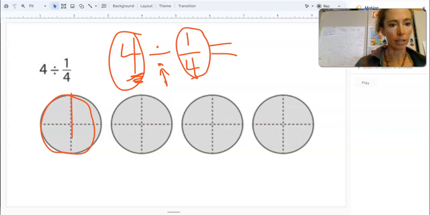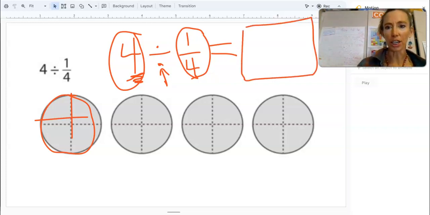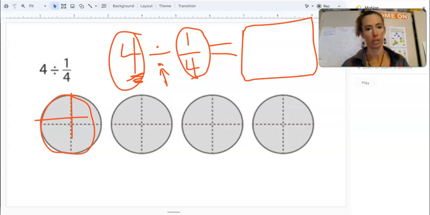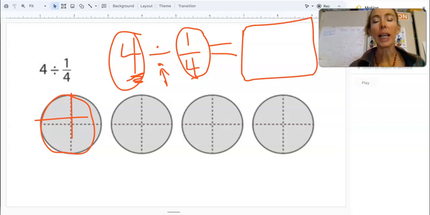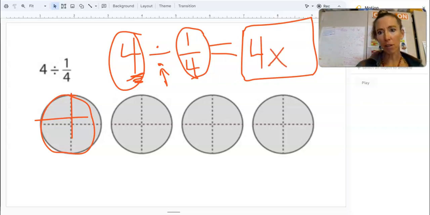And those 4 circles, 4 whole numbers, are divided up, split up into fourths. So I took this, split it into fourths. Took the other whole, split it into fourths, fourths, fourths. How many total fourths are there in 4? What's the related multiplication that would help us figure out this division? Well, I have 4 whole circles, and each one has how many fourths?